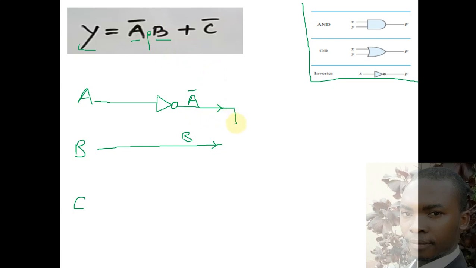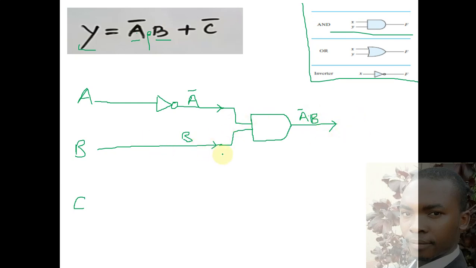So I'm going to combine these two by the AND gate. The AND gate is there. I hope it's like this. So what I have out here is the A bar times the B, right?